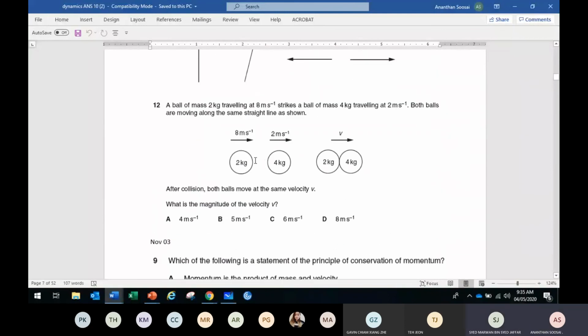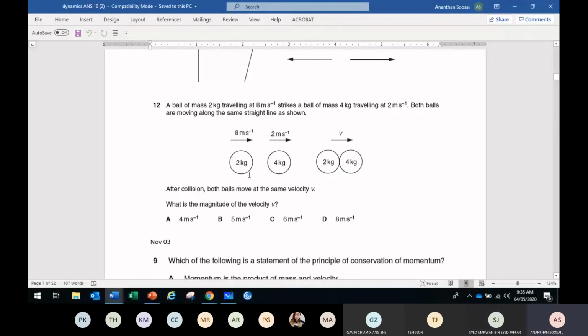Okay, this one. Prof, give me the answer. A, so 4. You got 4? So total momentum before is equal to total momentum after.